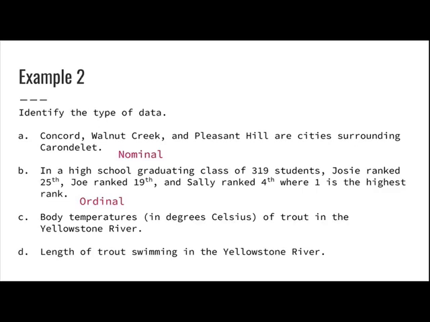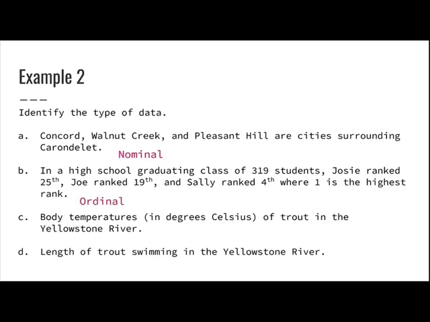Body temperatures in degrees Celsius of trout in the Yellowstone River. Now we know that we can order our data and that we can also compute meaningful differences. In this specific case, we are using the Celsius scale, and there's no inherent starting point, because the value 0 degrees Celsius doesn't indicate a value of no heat.